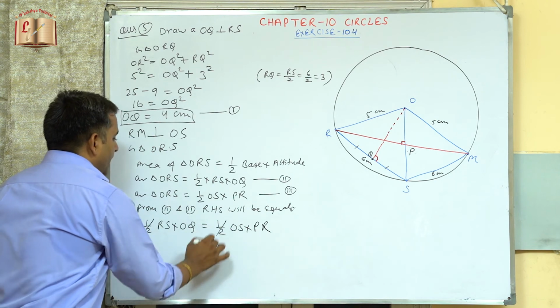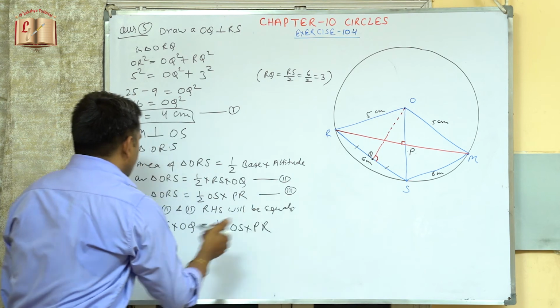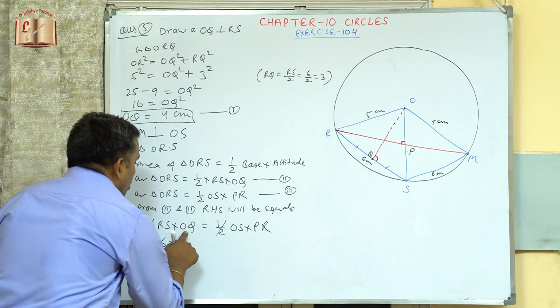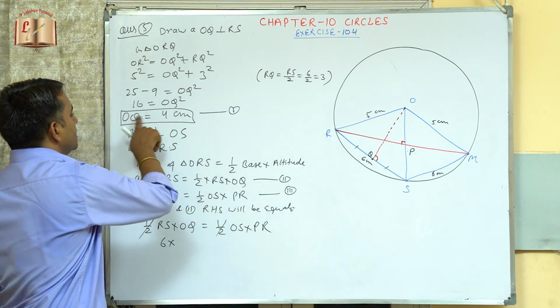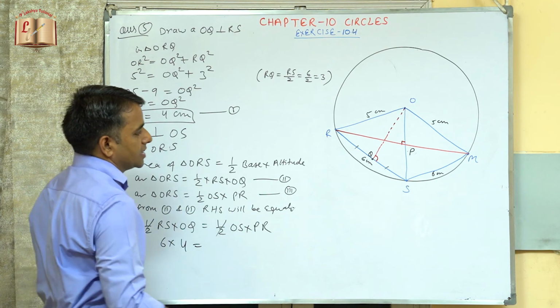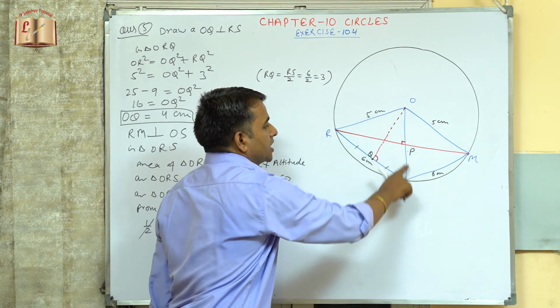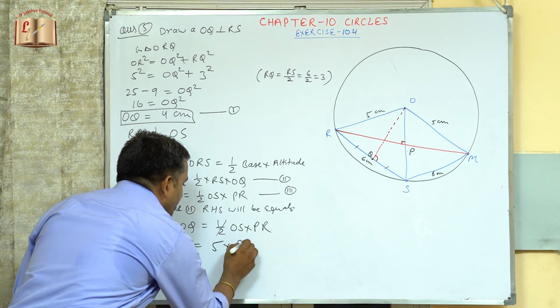So half cancelled. RS is already given, this is 6 into OQ. OQ we have already found from 1, OQ is 4. So this equals OS. Now see that OS is the radius, so this is now 5 into PR.